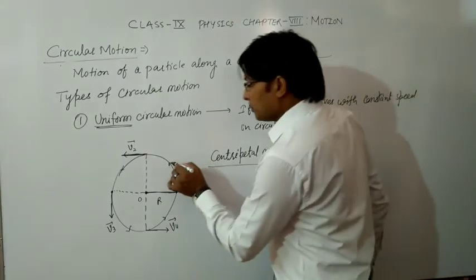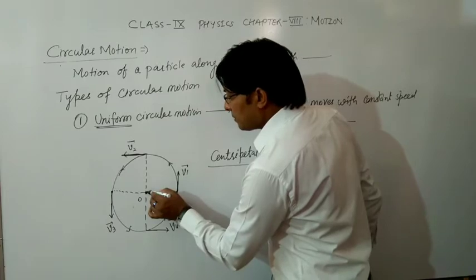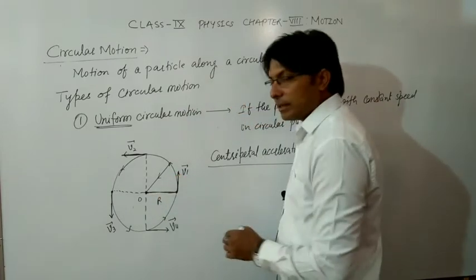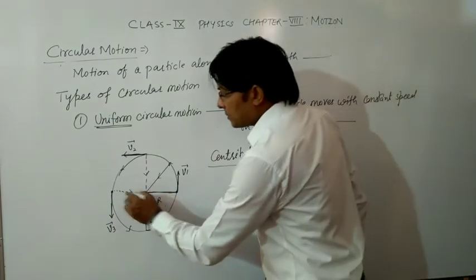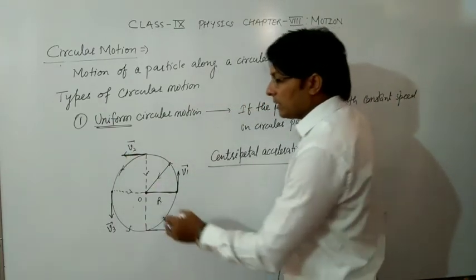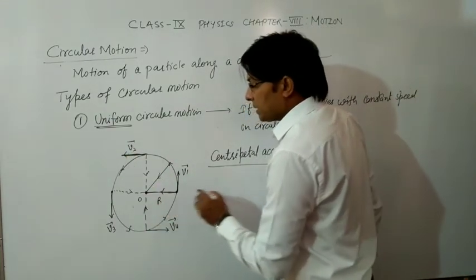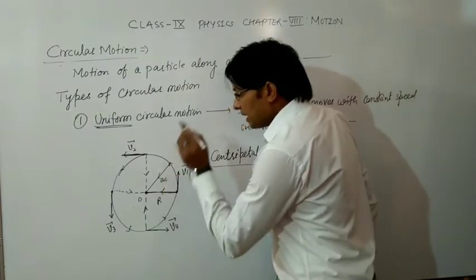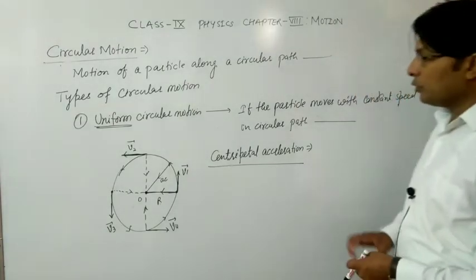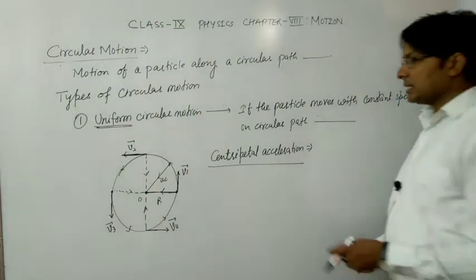So at this point the acceleration will be acting towards the center. At this point the acceleration will be acting towards the center. At this point also the acceleration will be acting towards the center, and similarly here also. So this acceleration is denoted by a_c. So how will you define the centripetal acceleration?